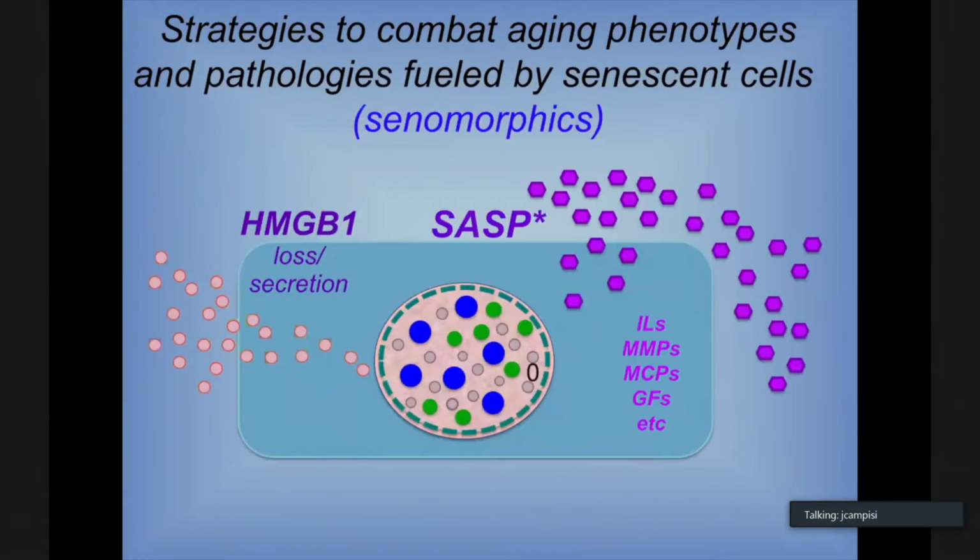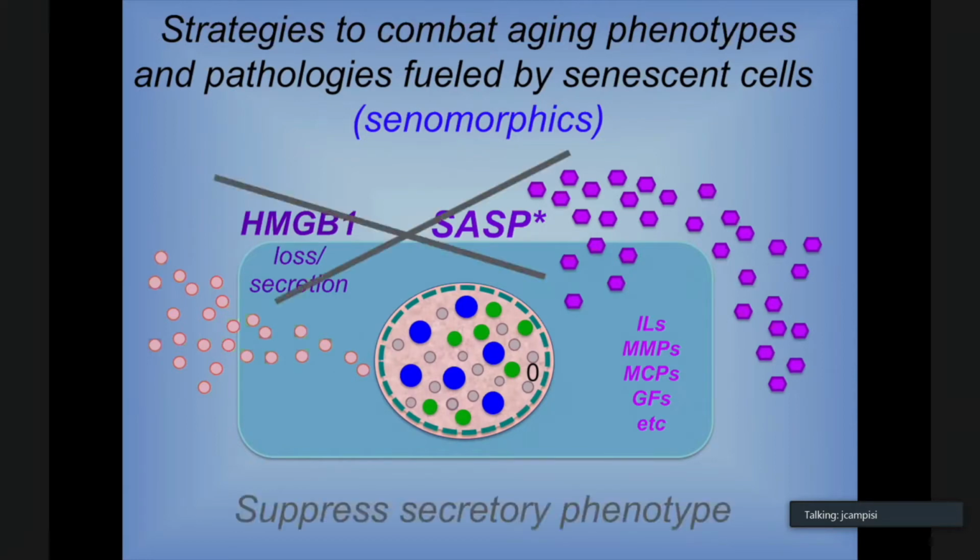So in thinking about how to modify the senescent phenotype in order to prevent its pro-aging aspects, the first thought that came to many of our minds is to stop the cells from secreting. We know that a lot of the aging phenotypes are caused by these pro-inflammatory cytokines and growth factors and DAMPs that the cells secrete. And so what if we can get them to stop secreting, or at least partially stop secreting?